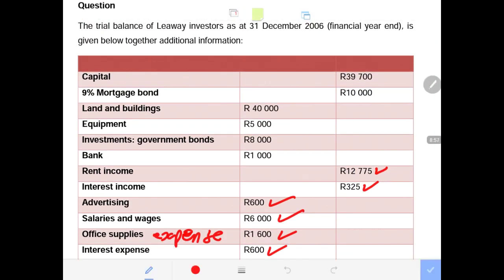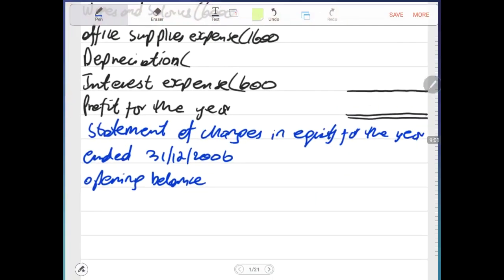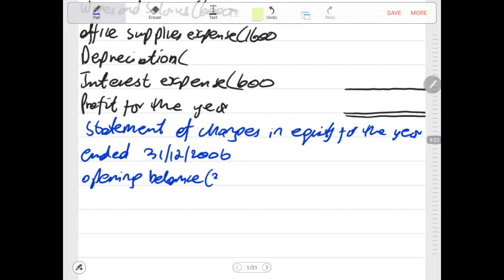We have a capital balance of 39,700. Then we'll have profit for the period or profit for the year. Remember, profit for the year will be the one that comes from the income statement.